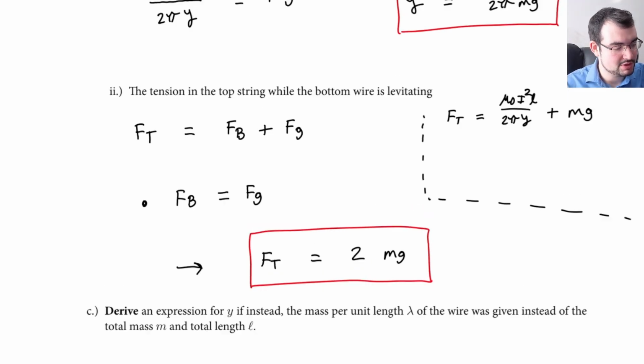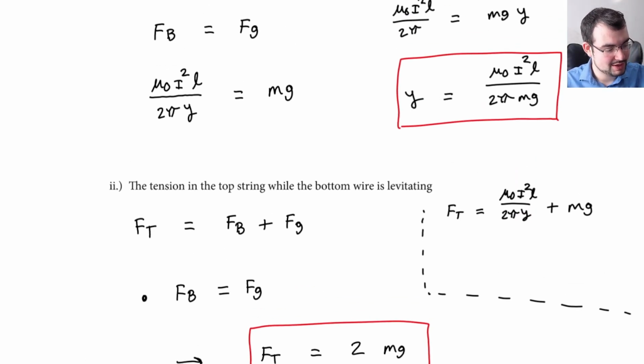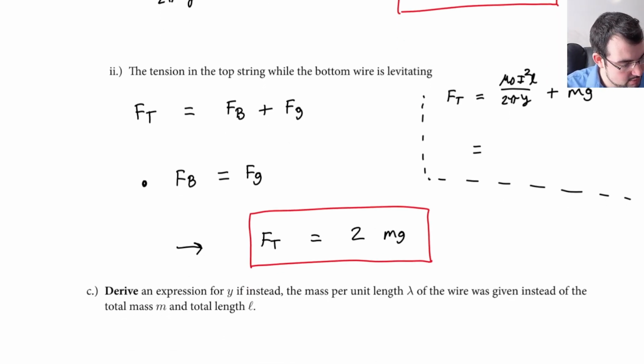But if you substitute what y was, you will get 2 mg, because y is going to be in the denominator. So you see like a huge reciprocal happens. The 2 pi cancels, the L cancels, the mu naught cancels, the I squared cancels, and the mg just swings up to the top, giving you an extra mg as expected.